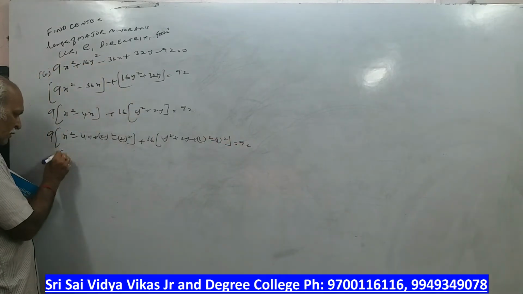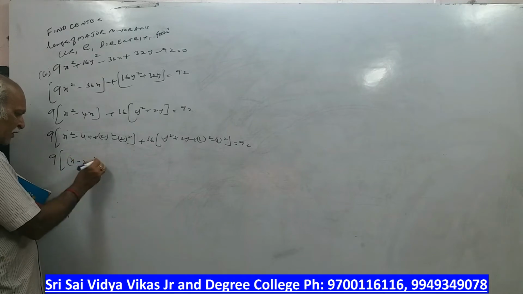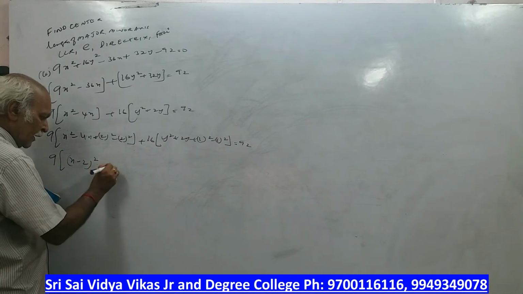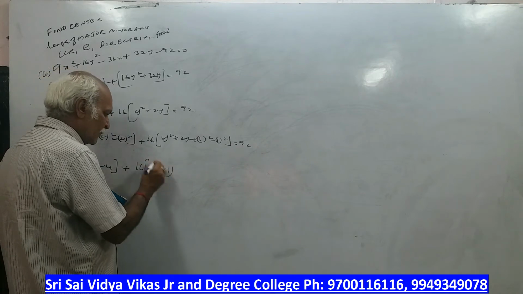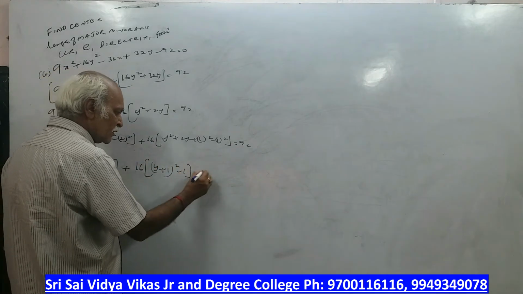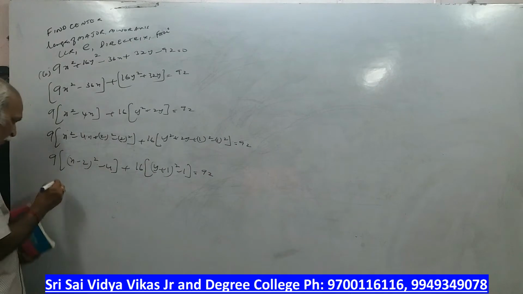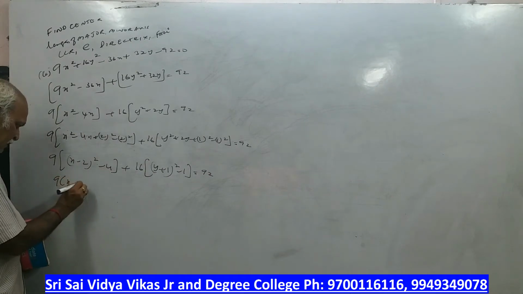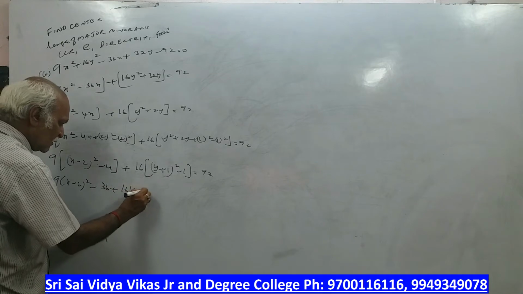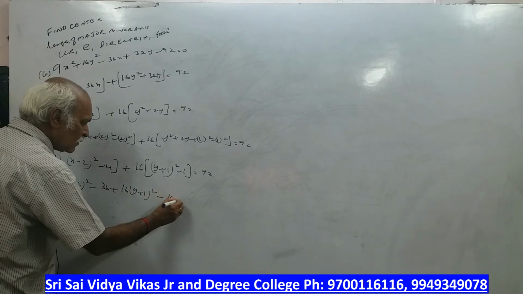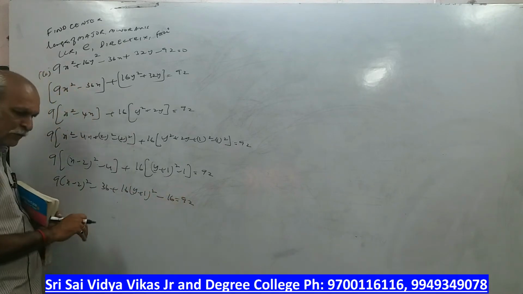So 9 into (x minus 2) whole square minus 4, plus 16 into (y plus 1) whole square minus 1, is equal to 92. So open the bracket.